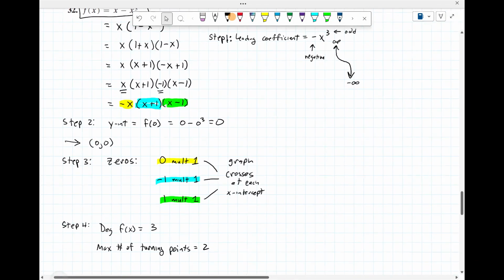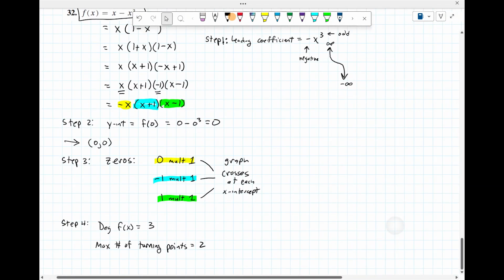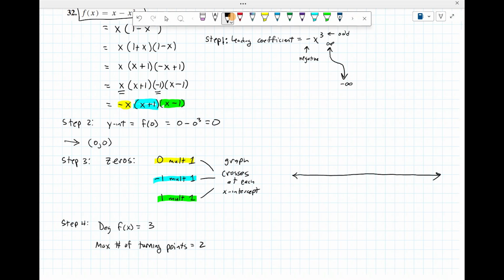And from here, we can try to graph our equation. And again, we're just trying to sketch a graph. We don't need it to be perfect for this part right here. All right, so where are our x-intercepts? They're at negative 1, 0, and 1.